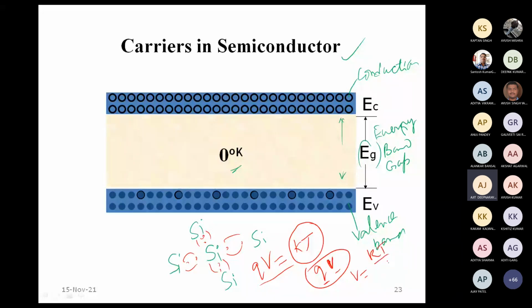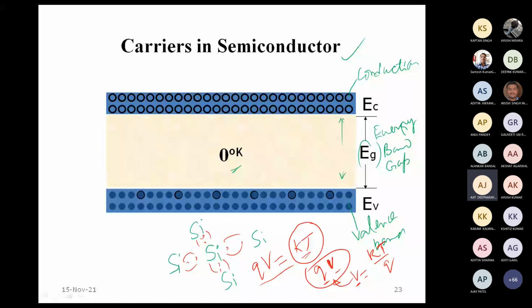This is a kind of equivalent voltage which results in an equivalent electron energy corresponding to a temperature T. This is generally called the temperature equivalent voltage or thermal equivalent voltage. T is in degree Kelvin, k is the Boltzmann constant, and q is the unit charge.